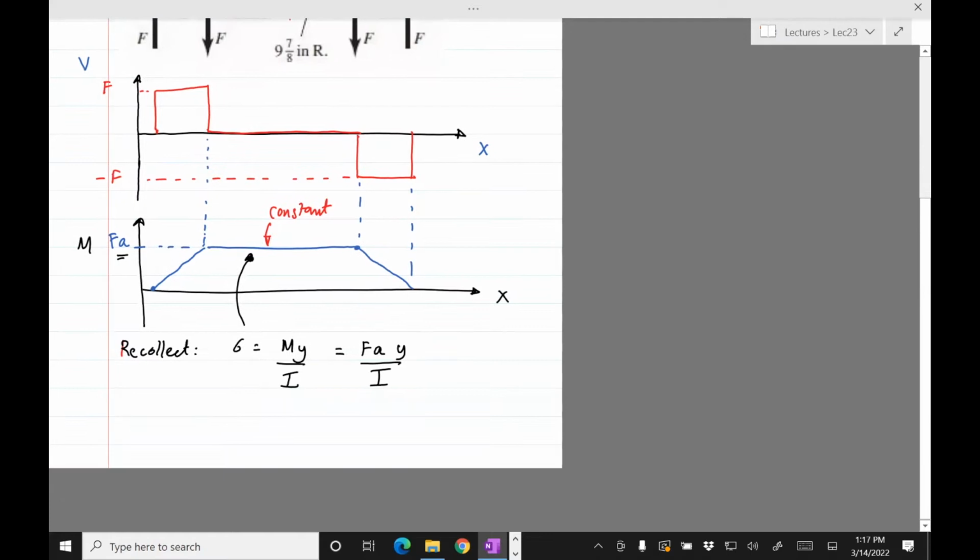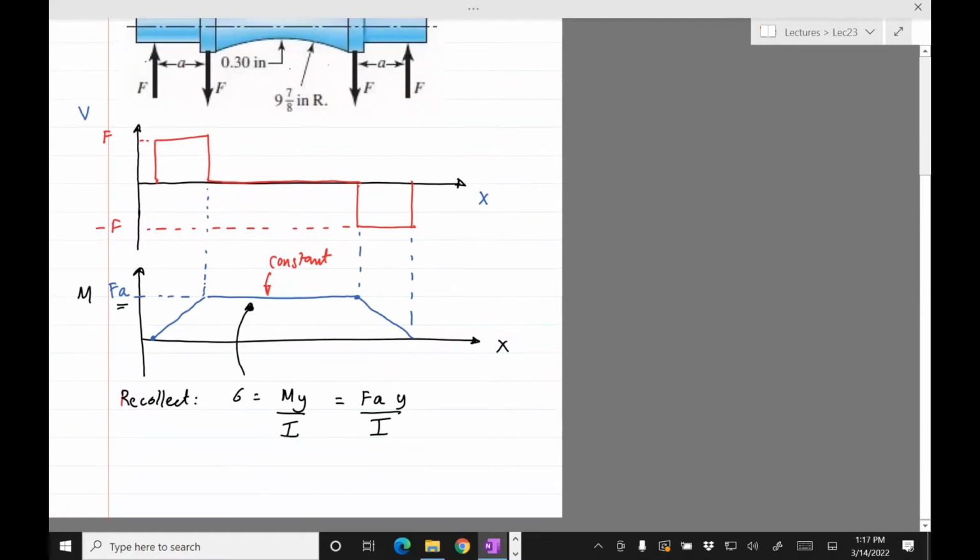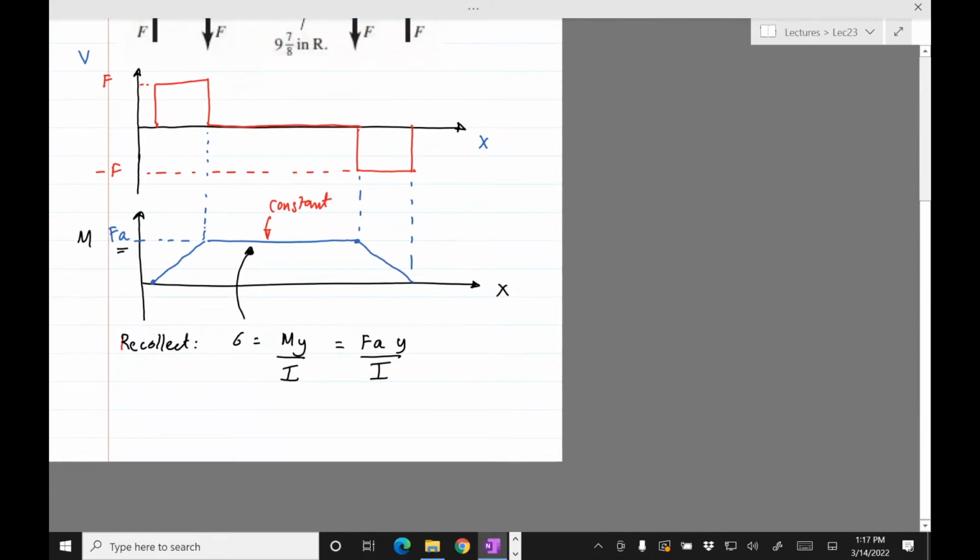What we'll do, in order to simulate cyclic loading, is we'll actually let the force vary. It would not be constant. We'll just make F go from minus F to plus F, minus A to plus A, in a cyclic fashion.